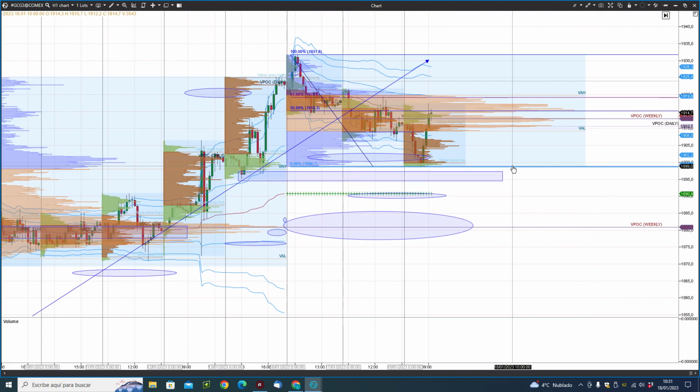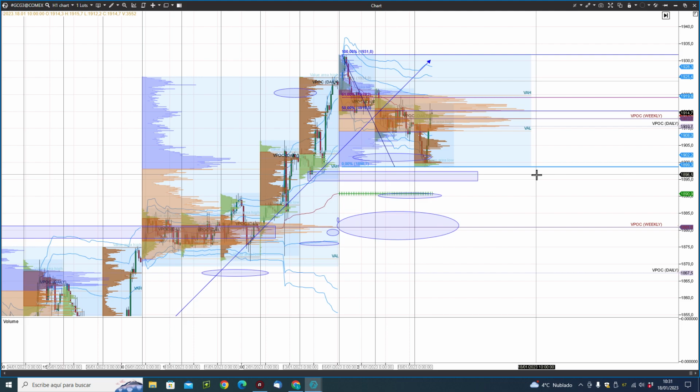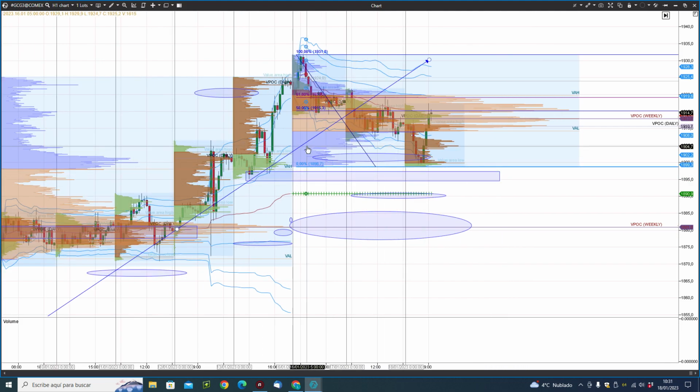In case we go below the minimum of today, the first target could be this price action zone, marked with this rectangle, and if it breaks, we could go to 1890, and in second place 1880.